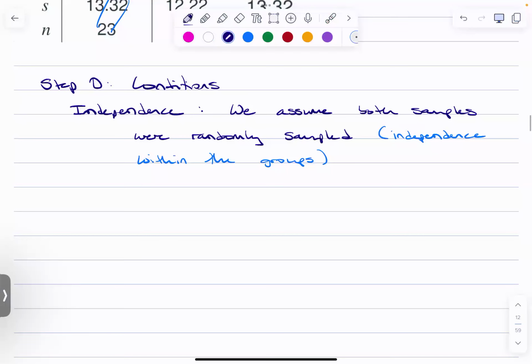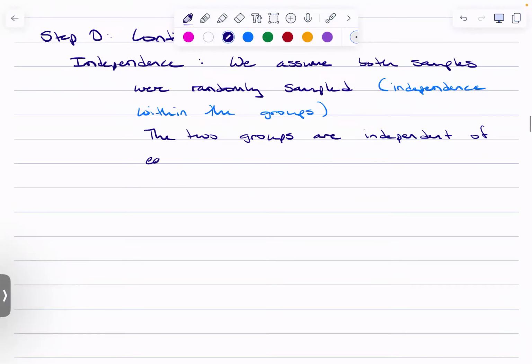And so the 2 groups are independent of each other. So that's the independence between the groups, which we've seen before with the 2 sample proportions.